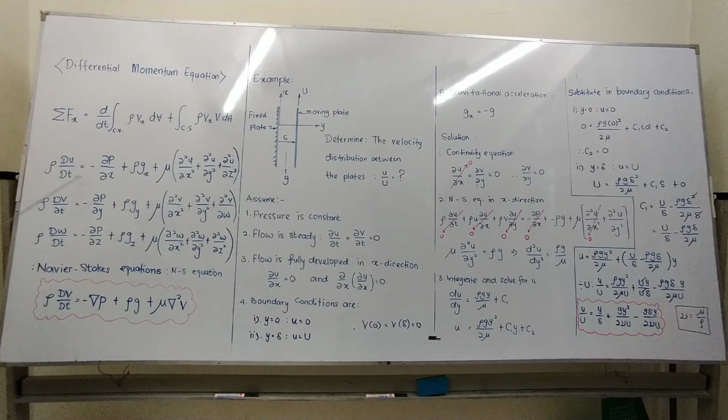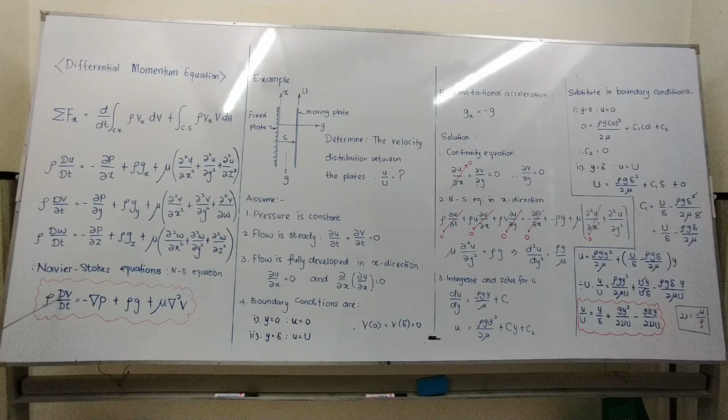This is in x direction, and the second is in y direction, also the same. Only in y direction, and then the third in z direction. Then we can write it simply: these three equations can be written in vector form.